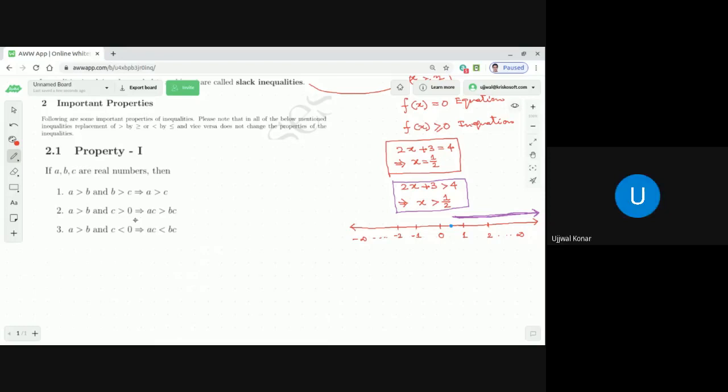Obviously, you can think that from your intuition. If A is greater than B, A is a number which is greater than a number, and that number is greater than another number. Obviously, A is greater than C.